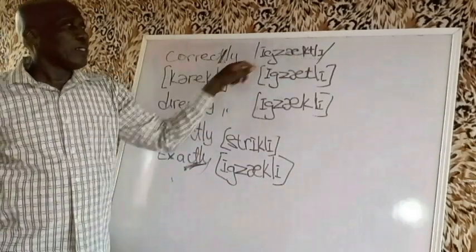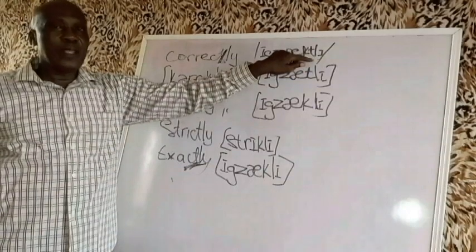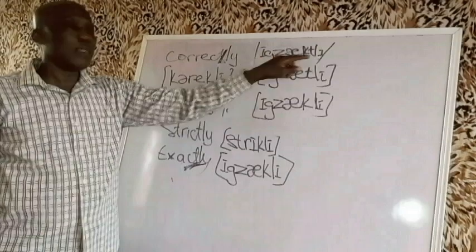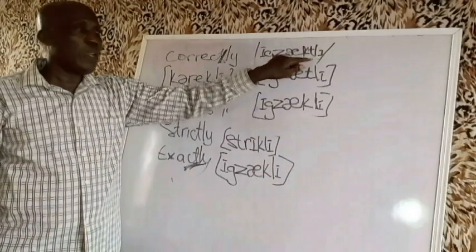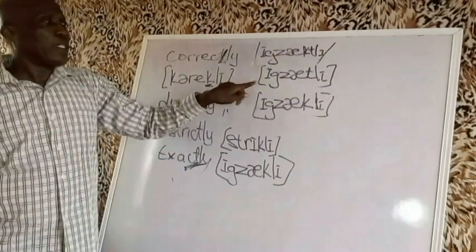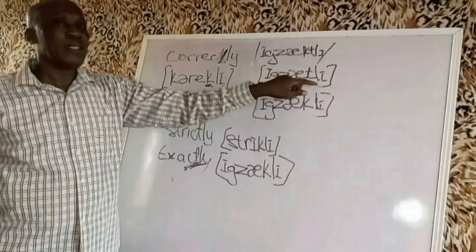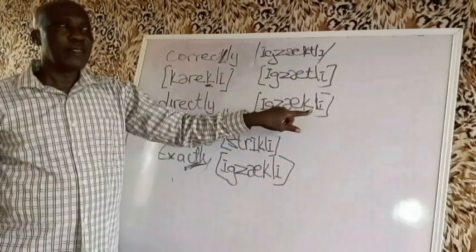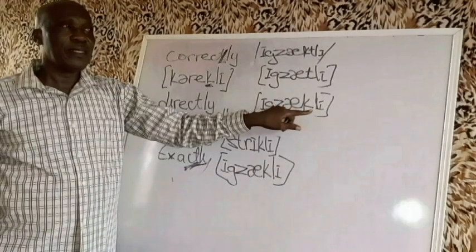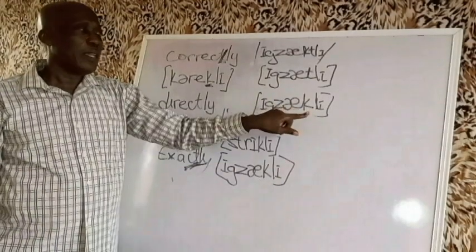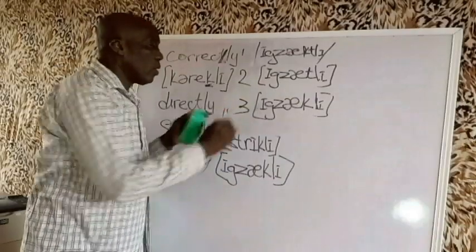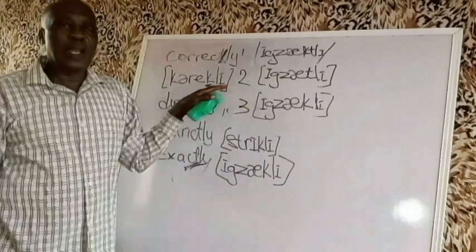Can you try to pronounce it? How did you find it? All right. Now let's pronounce this. Now to number three. Out of number one, two, and three, which one did you find difficult and which one the easiest among them?